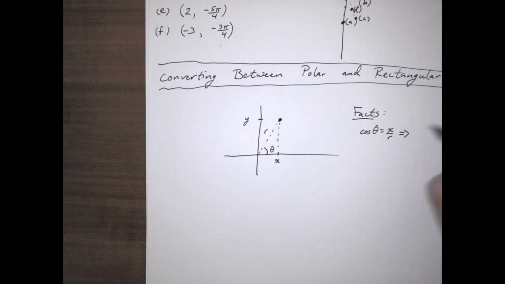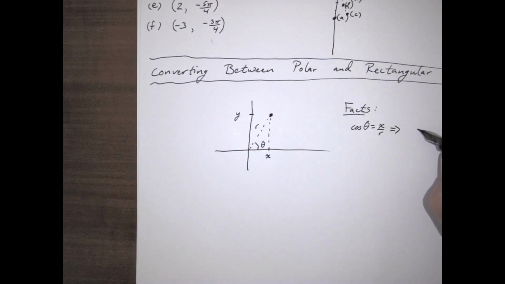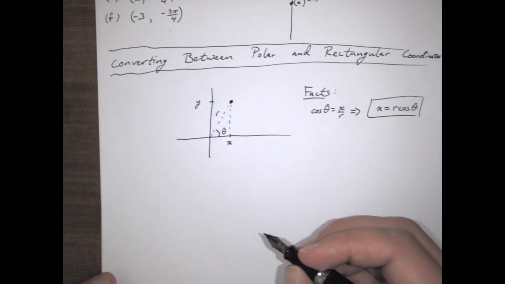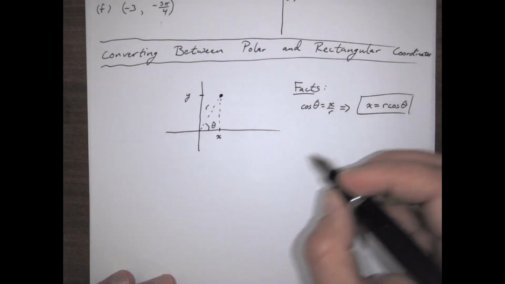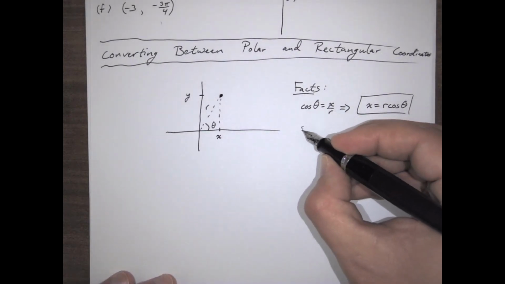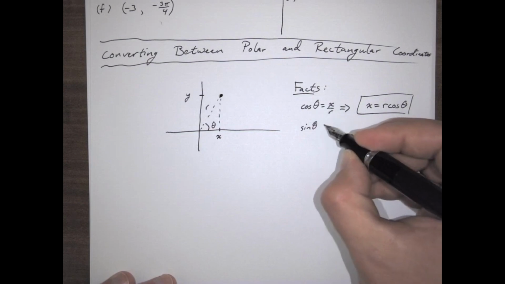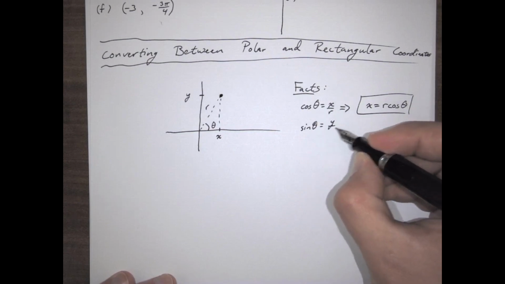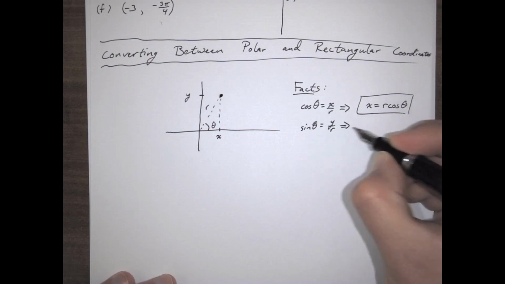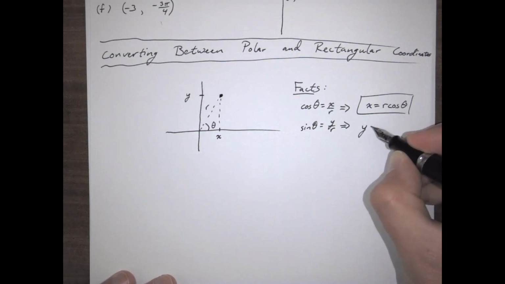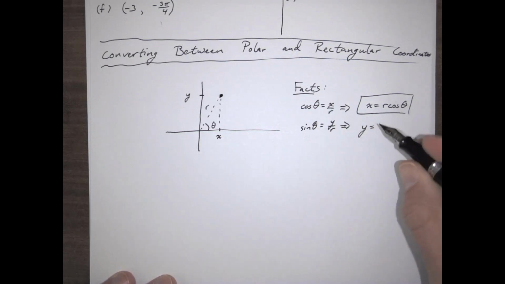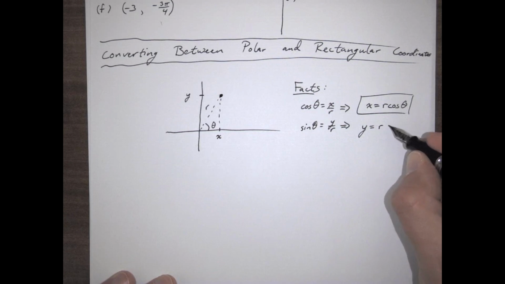That leads us to a more useful fact that x equals r cosine theta. I will put a box around the ones that are going to be most useful for us. Now sine theta is y over r, and by the same token, if I multiply both sides by r, I get y equals r sine theta. Another important fact.